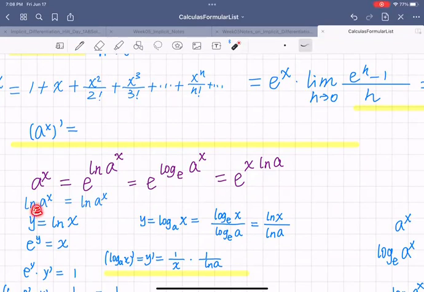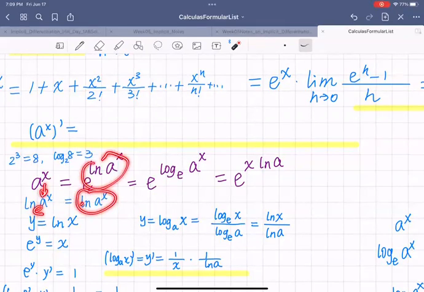That means e to the power of this whole thing equals this piece. Just like what you say, 2 to the power 3 equals 8, log base 2 of 8 equals 3. Base to the power this equals that number. So e to the power this equals this. Is this one clear for everyone?